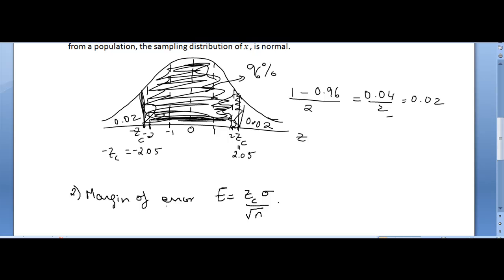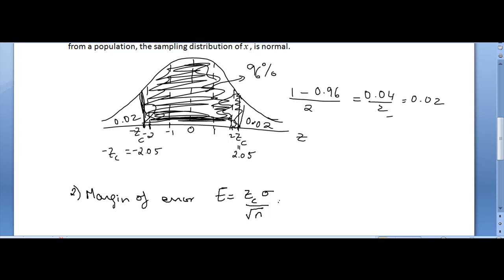Now, what does this mean? The margin of error is the maximum possible distance from the point estimate, which means from the sample mean, to the actual value of the population mean. So that's the maximum possible error, in other words. And the way you compute that is ZC sigma over square root of n.